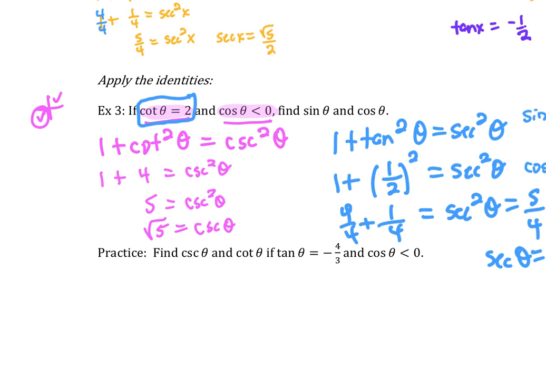And what do we do with that secant value to get cosine? Flip it. So 4 over the square root of 5, and we've got to rationalize that. And we've got our two values that we need. It's kind of cool, isn't it, how this works?